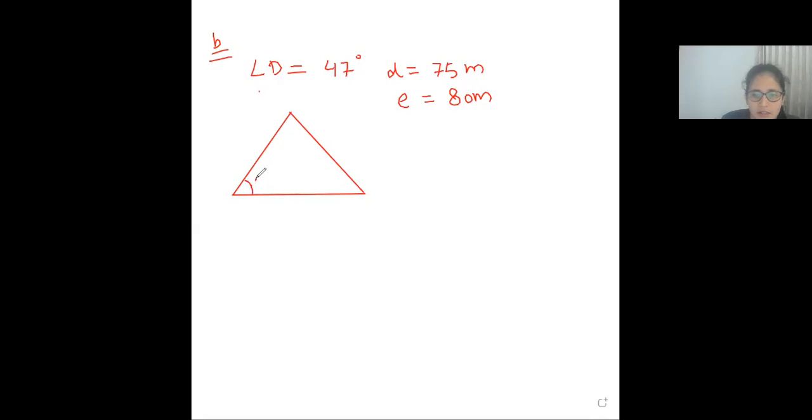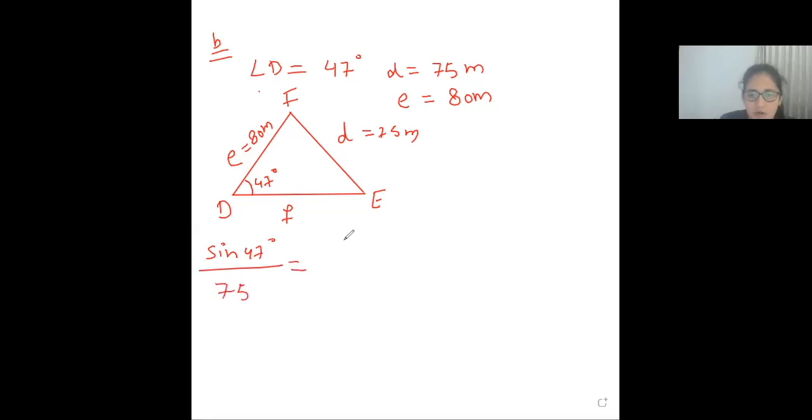So here, this is 47 degree D, E, F. So this is E, this is D, and here it is F. d is equal to the given 75 meter, e is given 80 meter. From this information, take sine rule. Sine 47 degree over 75 meter is equal to sine E over 80 meter.